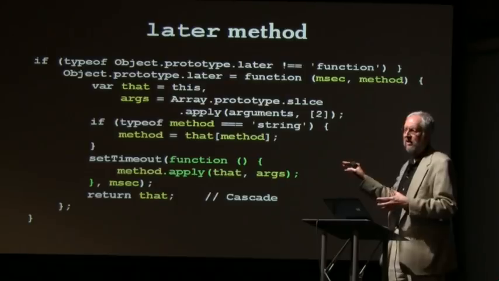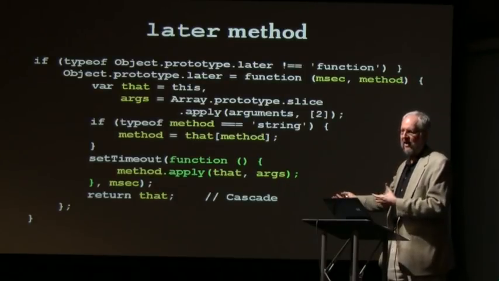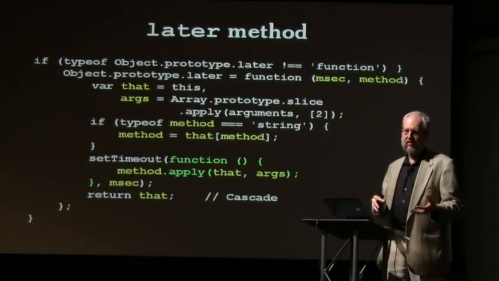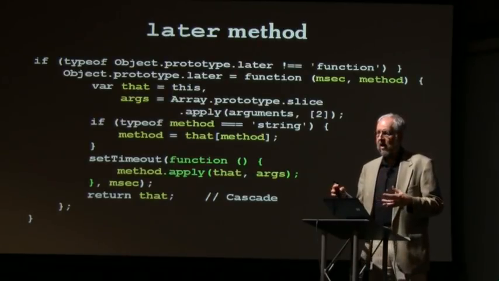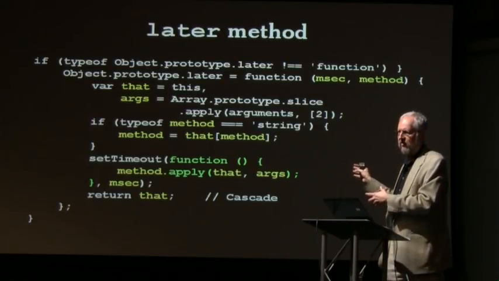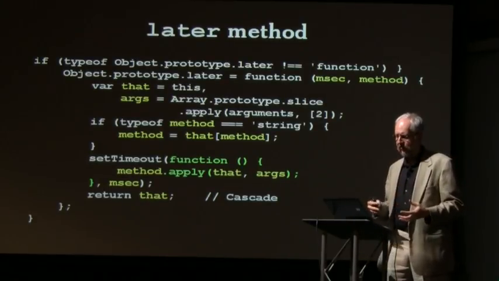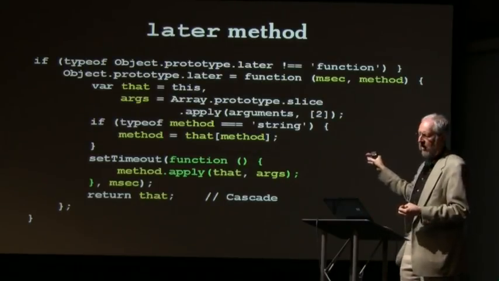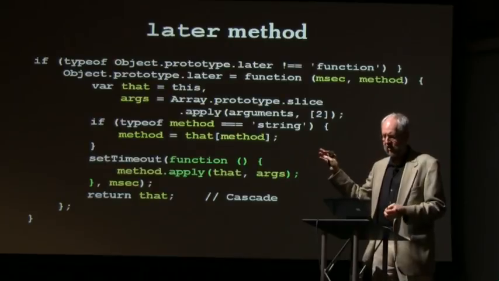You want to do it conditionally, just in case the language ever actually adds later as standard equipment, so that you're not going to be replacing the official version with your version. Generally, you don't want to be doing this in applications, although it's sometimes a reasonable thing to be doing in Ajax libraries.